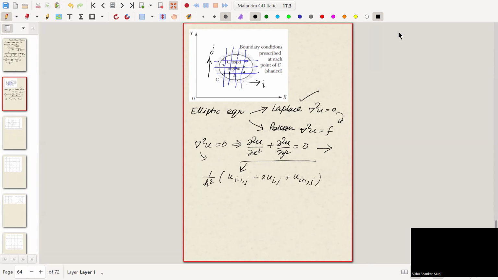How are we doing it? At that point, we take the left point before, and on the right side, we take the right point. Similarly, you can write for j.